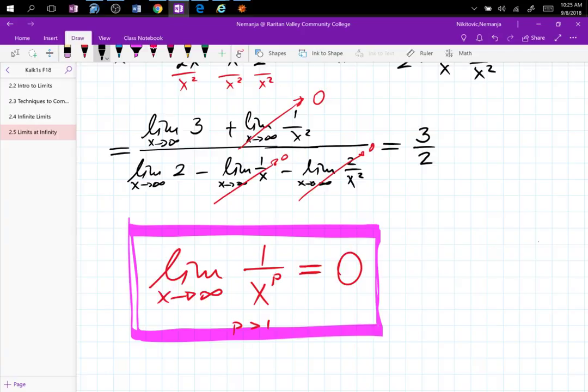So, if you have a rational function, your job is to divide by the highest exponent, and then cancel any limit that goes number over some exponent of x, since that goes to 0 by the big red formula. And then if you have anything left over, well, you work with that.